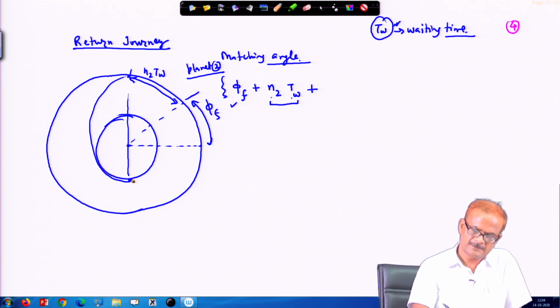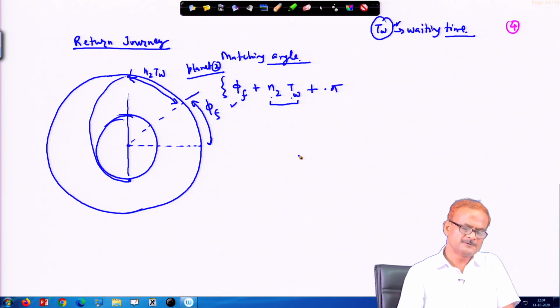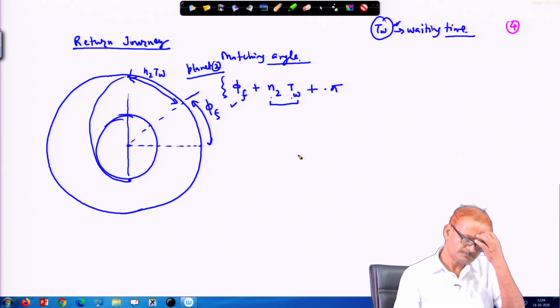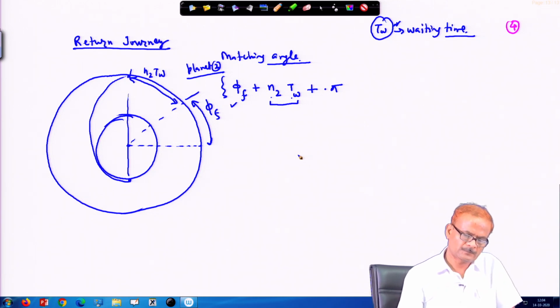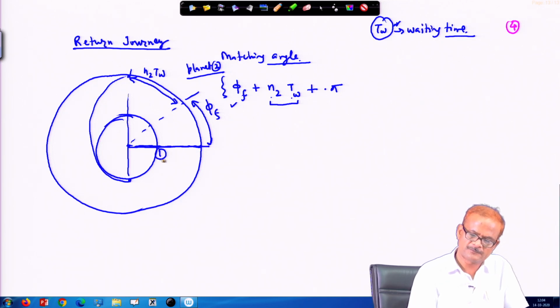So, the angle covered, this is pi corresponding to this. So, total angle covered from this place, measuring from this place, this is the position of 1, this is the position of 2 here initially, this goes to 2 prime.